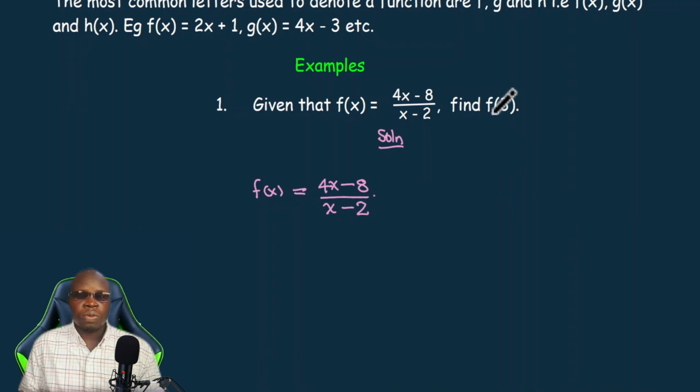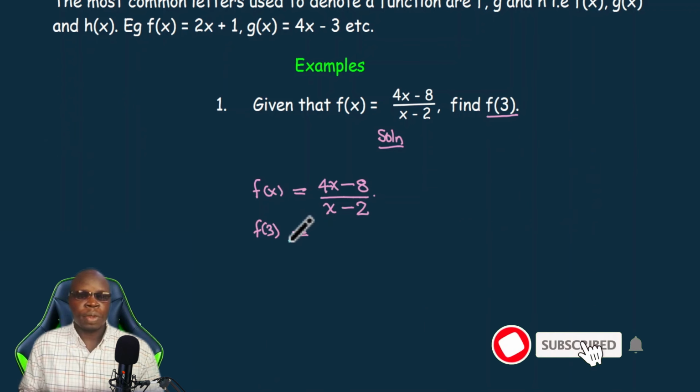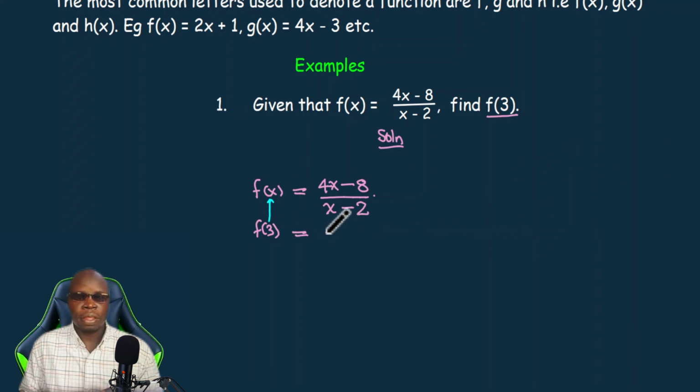Now, what we're expected to simplify is f of 3. So we have f of 3 equals, and whenever we get x, like you can see from here, our 3 is corresponding to x. So whenever we get x, we shall replace it by 3.